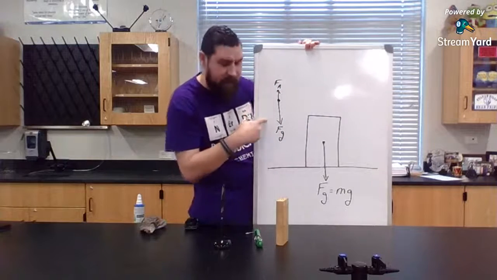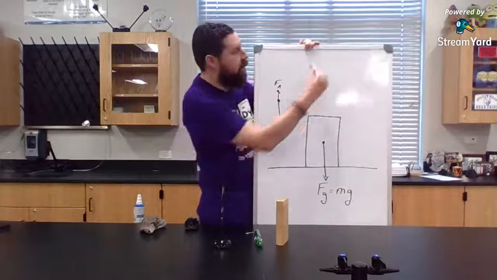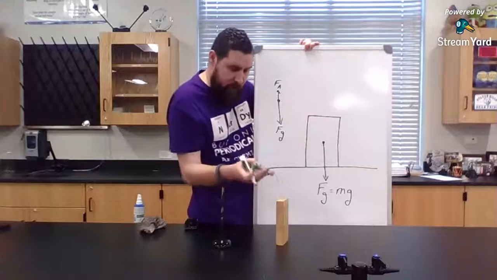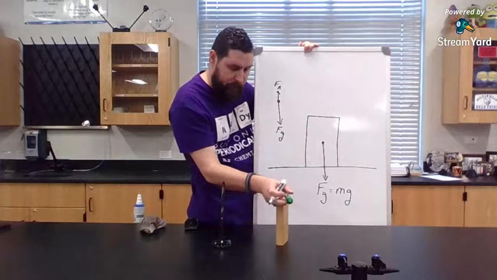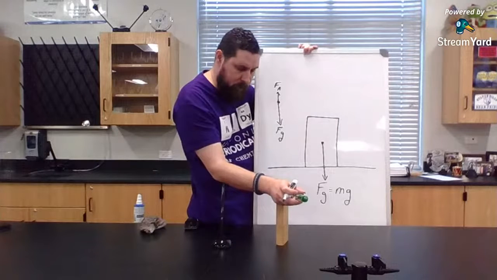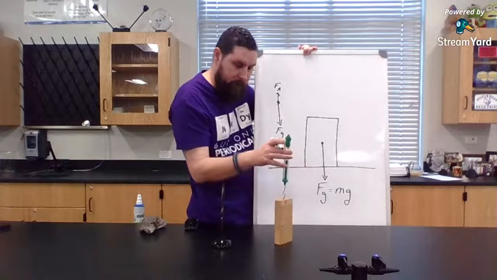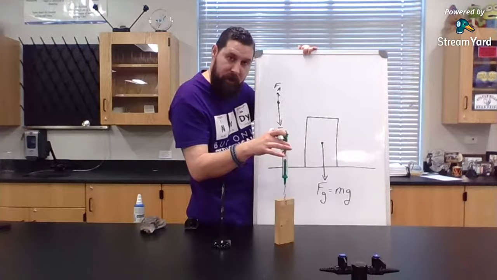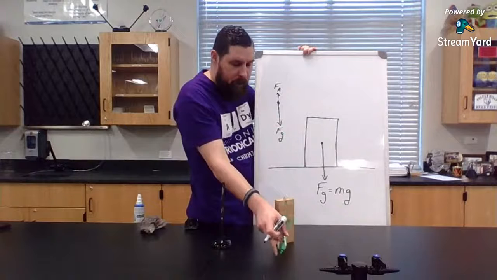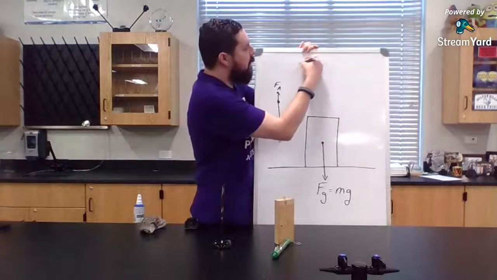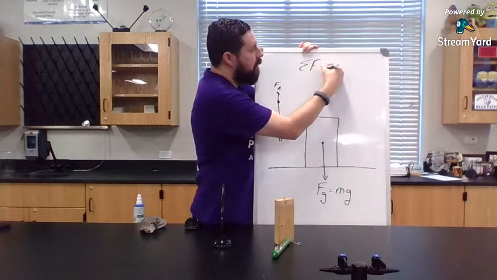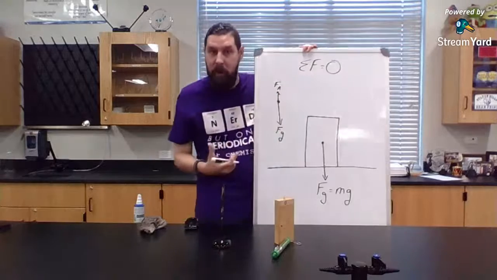Well, if I add these, I'm going to get something other than 0. And again, even when I hook this through and I start to lift, we see the spring elongate, but it's not lifting off the table. So what that means, again, is that my net force has to equal 0.